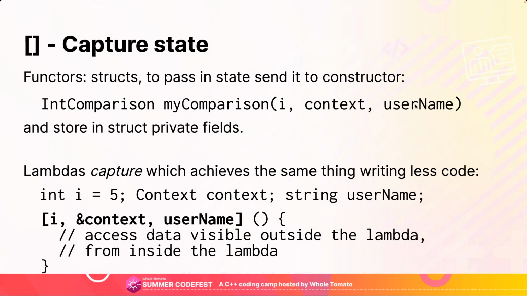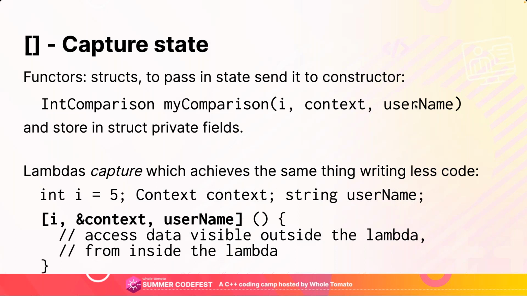So you might wonder how to do that if you're writing just a method, because of course the value of a struct is that it can store data. So how does a method do that? Well, lambdas do that through capture, and they achieve exactly the same thing really, but writing a bit less code. On the bottom half of the slide, I have a few variables that you might want your method to know about: an integer, some kind of context, a string.